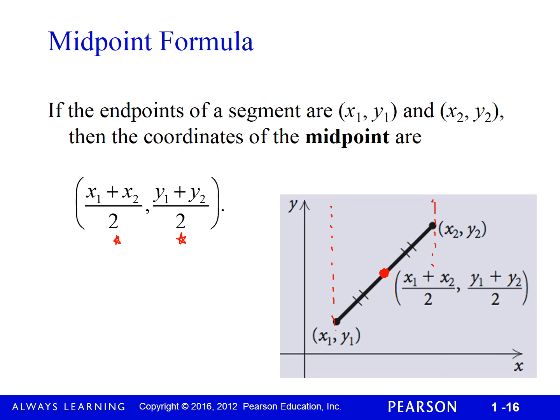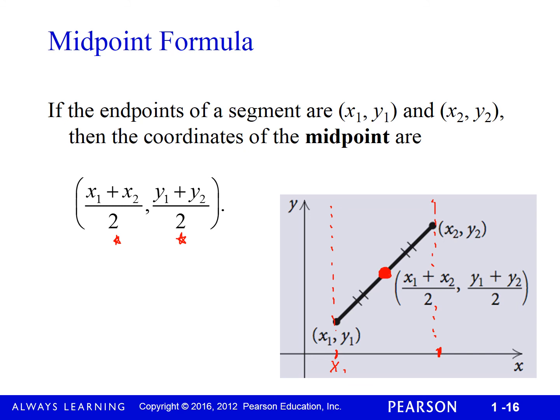Okay, so if you take these 2 x coordinates, x1 here and x2, the average of the 2 puts you right there in the horizontal where you need to be to have an x coordinate at the midpoint.